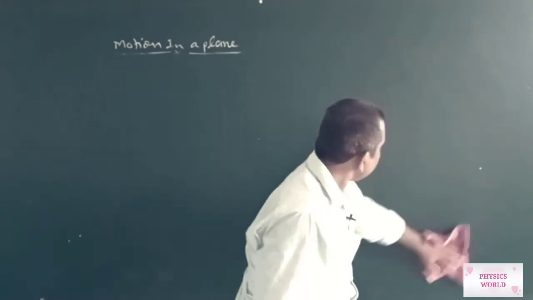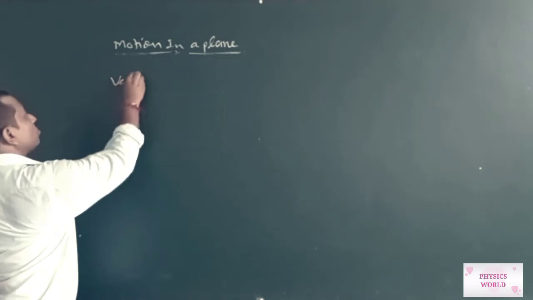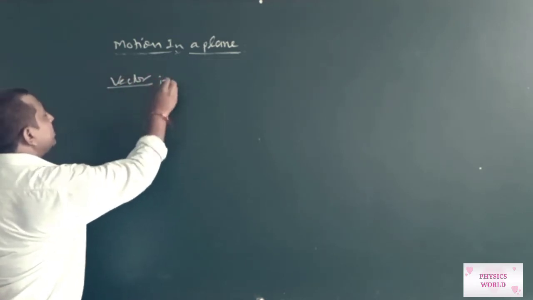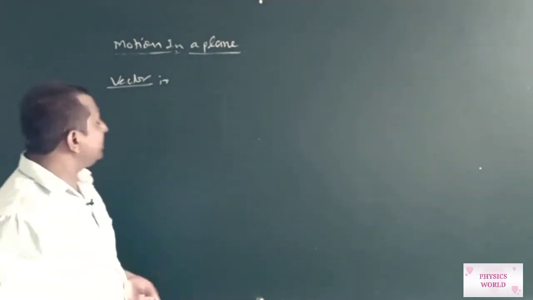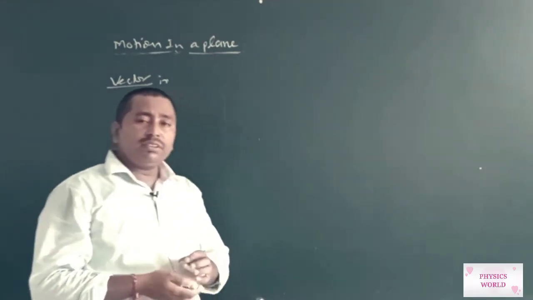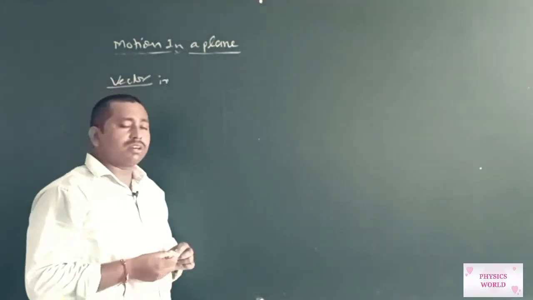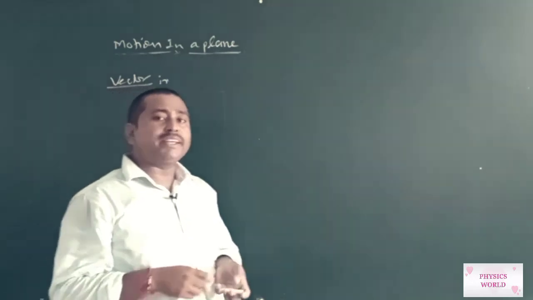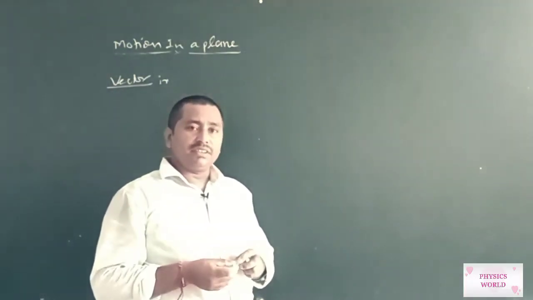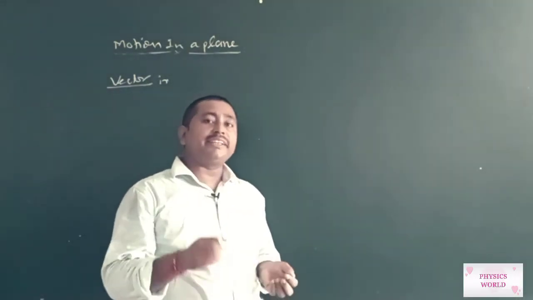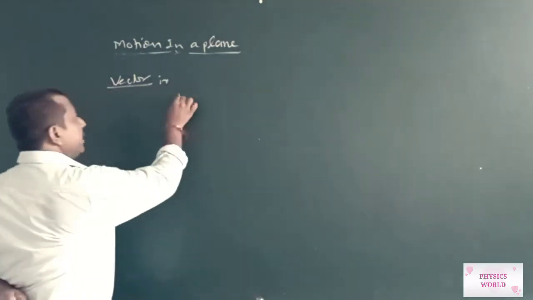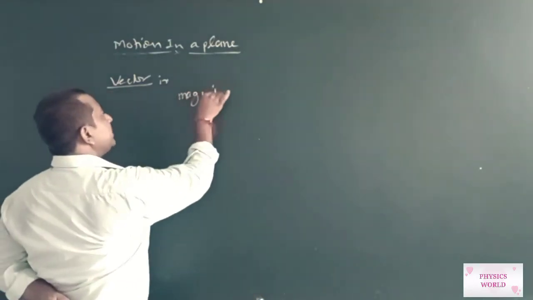So let us discuss vector quantities. What are vector quantities? If we define a vector, then we can say that vector quantities are those quantities which possess magnitude and direction.